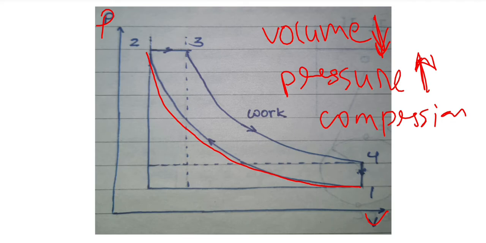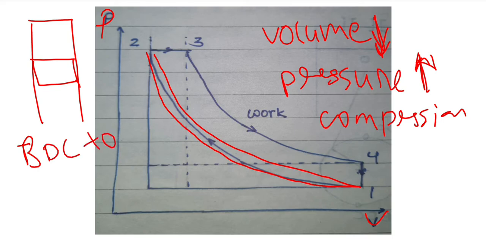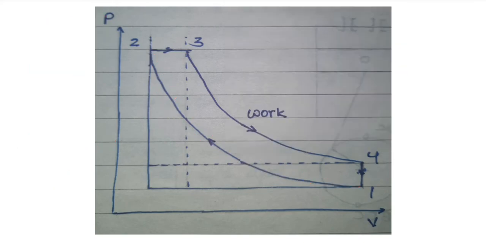That is, if this is the cylinder and this is the piston, at 1 to 2 the process is from the bottom dead center to the top dead center.